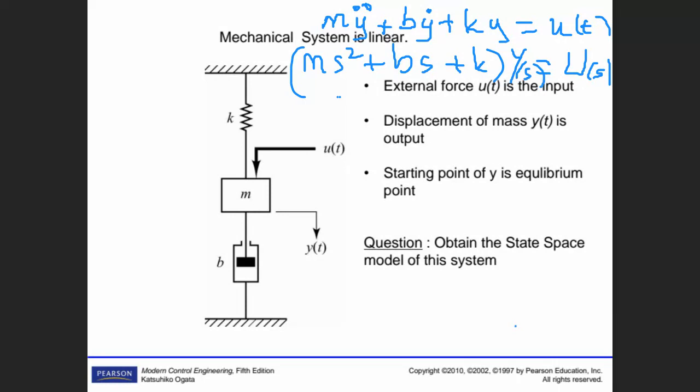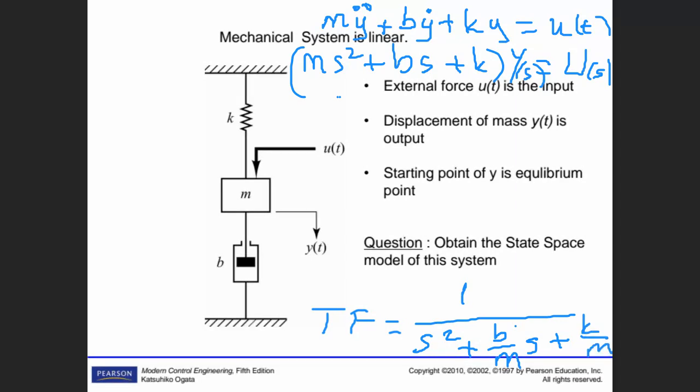So the transfer function here is equal to 1 over S squared plus B over M S plus K over M. There is a mistake here.